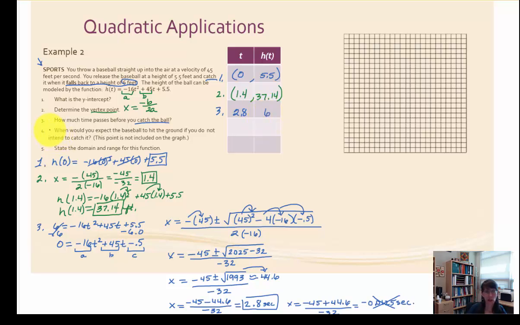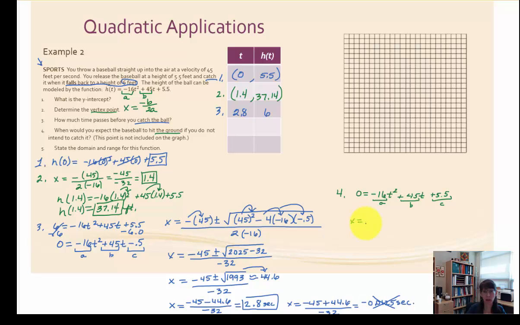With question 4, it asks, when would you expect the baseball to hit the ground if you did not intend to catch it? So if it hits the ground, that means the height is 0. Height of 0 equals our quadratic function. So again, we're going to use the quadratic formula, but we have different values for A, B, and C this time. A is negative 16, B is 45, and C would be 5.5.